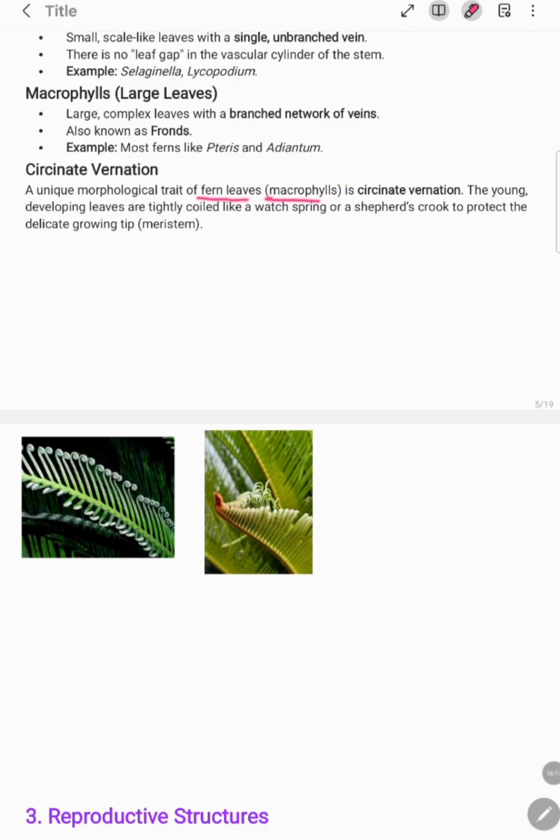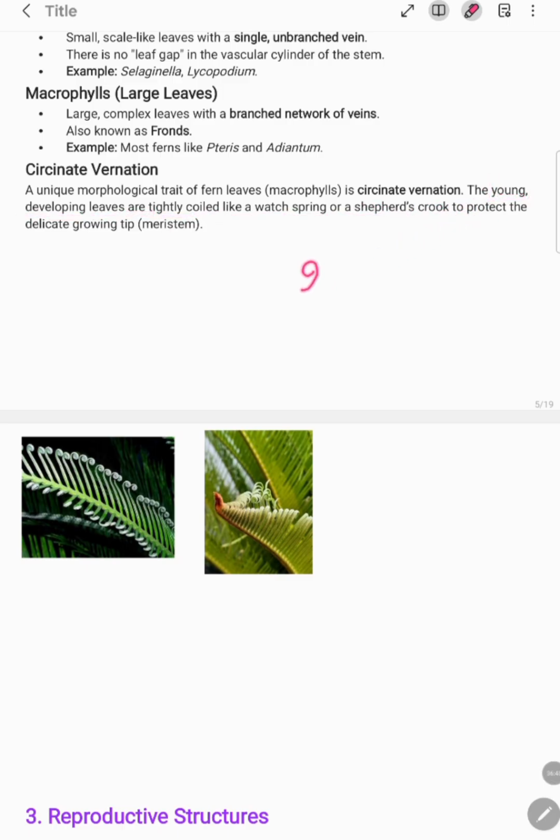Okay, fern leaves, which are macrophylls, meaning they are large, show circinate vernation. What is circinate vernation? The young developing leaves are tightly coiled like a watch spring or a shepherd's crook.